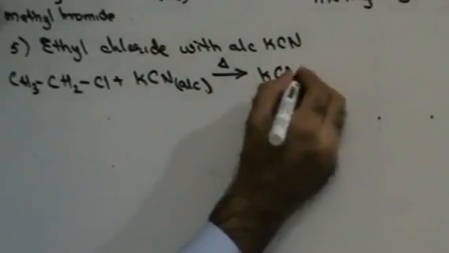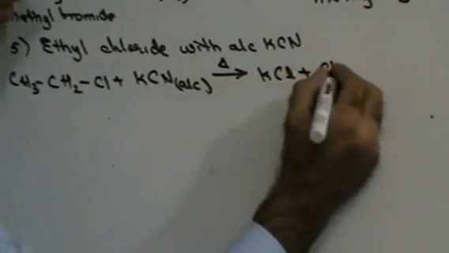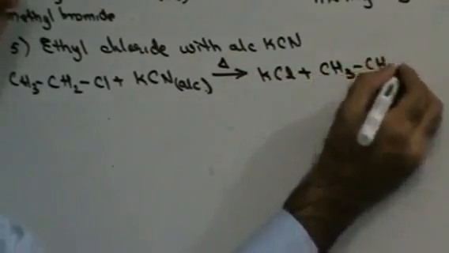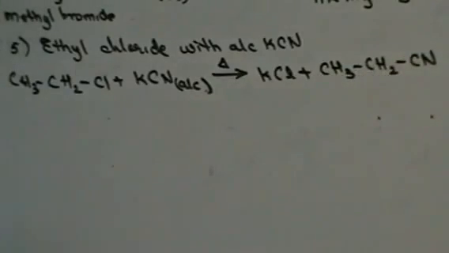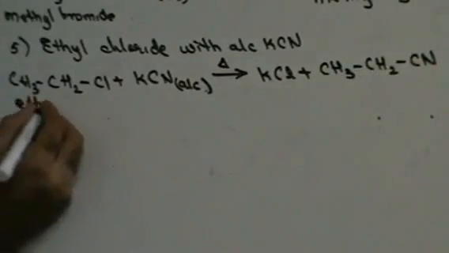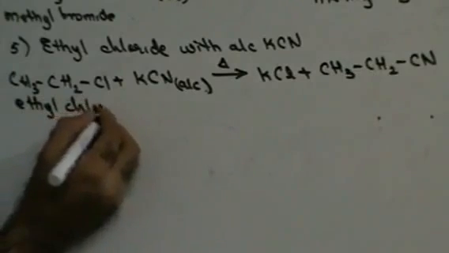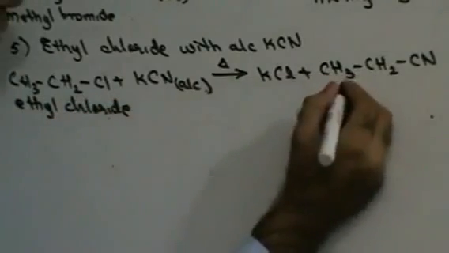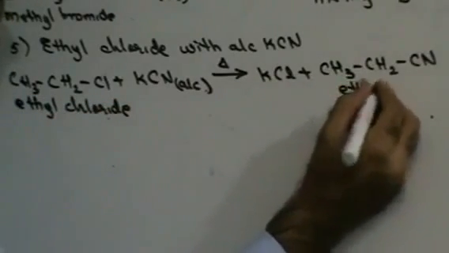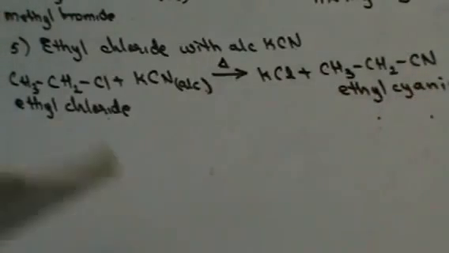Right? In which case you need to heat the reaction. When you heat the reaction, you will get substitution reaction. K will react with Cl to give you potassium chloride plus CH3 CH2 CN. This is ethyl chloride, and this is going to give you 2 carbon atoms, therefore ethyl, CN, therefore cyanide. So this is going to be ethyl cyanide.